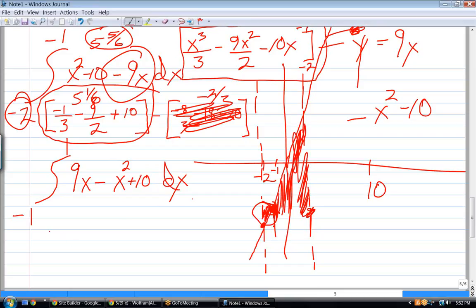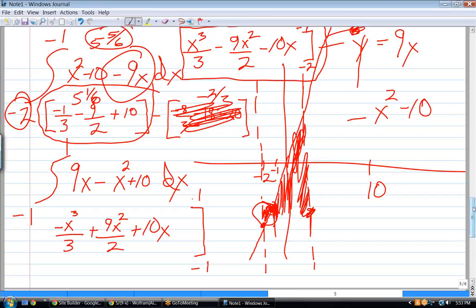Now let's integrate it. There's our function after we've integrated it, and we have to evaluate it from -1 to 1.